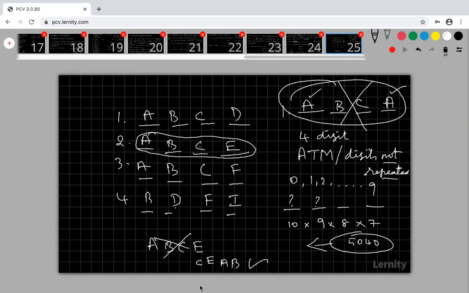C, E, A, B is different, but my A, B, C, E and A, B, C will not be considered as a different code, but this is my different code. Okay. Harikesh, you please call me, I will explain to you.